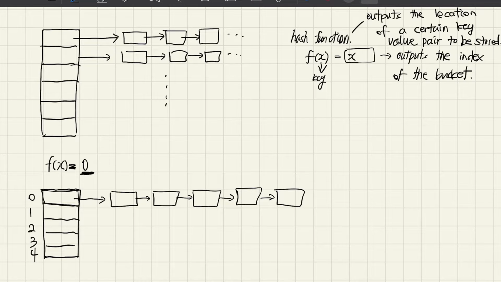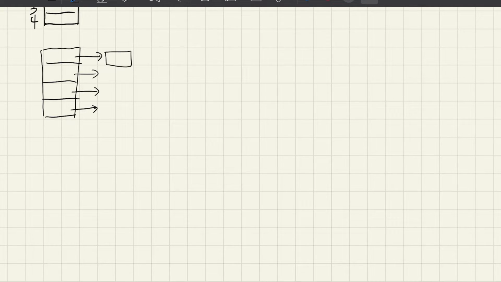In order to achieve constant lookup time, you have to make sure each bucket is storing a constant C number of elements, that is not proportional to the total number of elements.